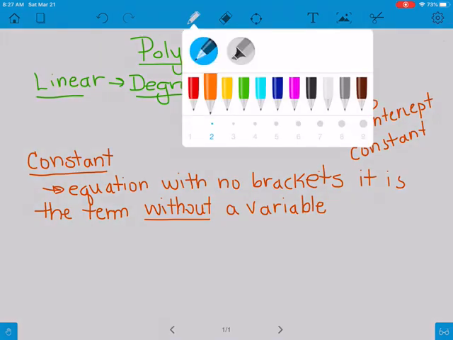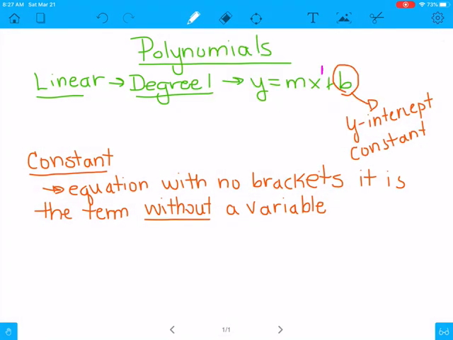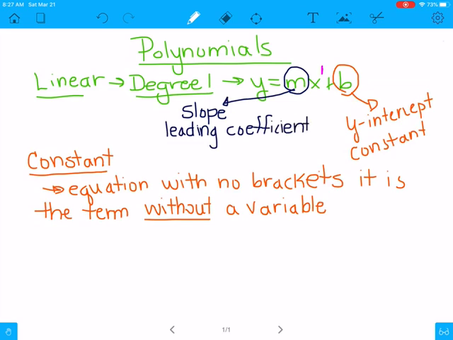And from grade 10, we know that the m is the slope. We are also going to call it the leading coefficient, because the coefficient is the number in front, and the leading coefficient is the number in front of the largest variable, because it leads the equation.